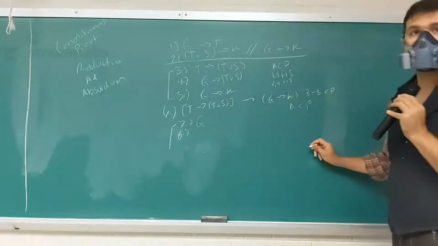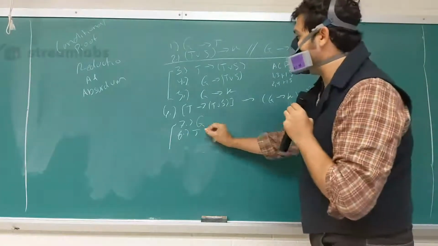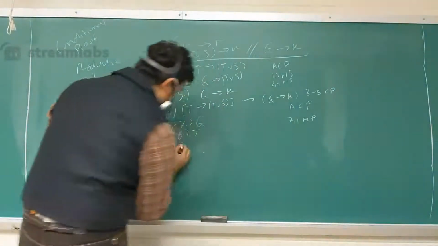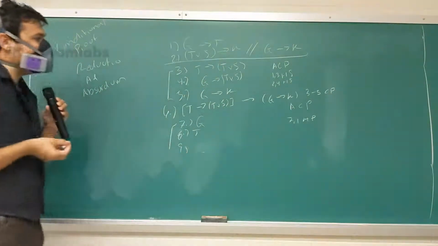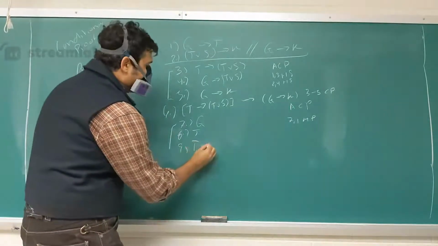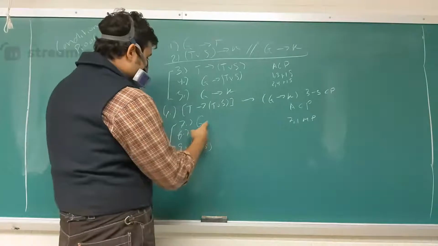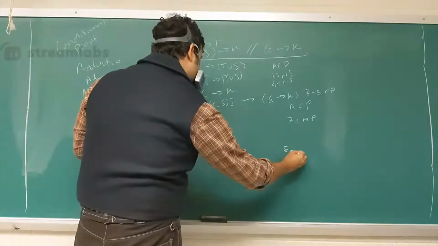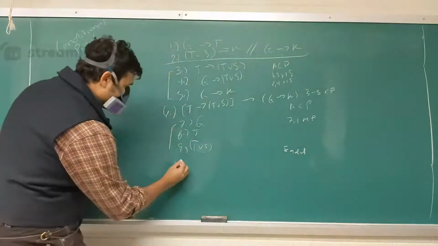What does that give me? That gives you T. It gives me T from 7-1 modus ponens. Okay? And then you can do T or S with addition. We can add here T or S would be 8 addition, right? My writing's really bad.